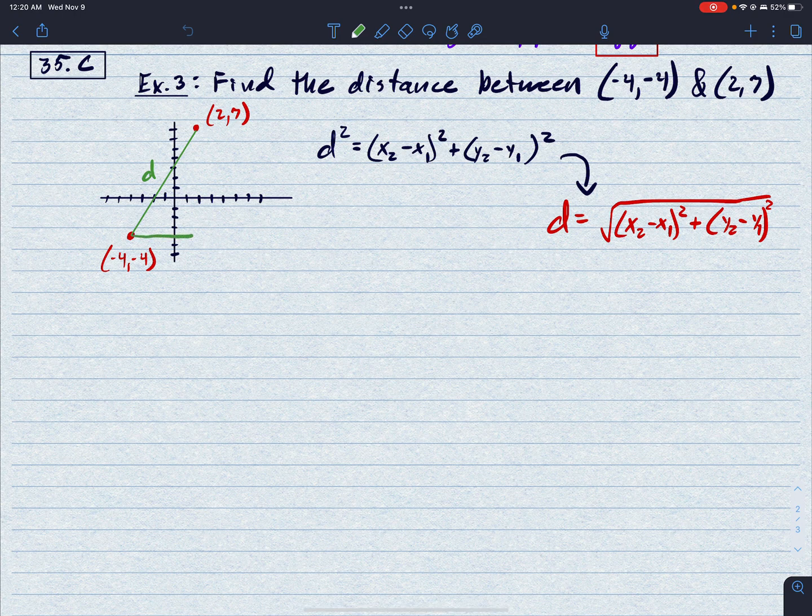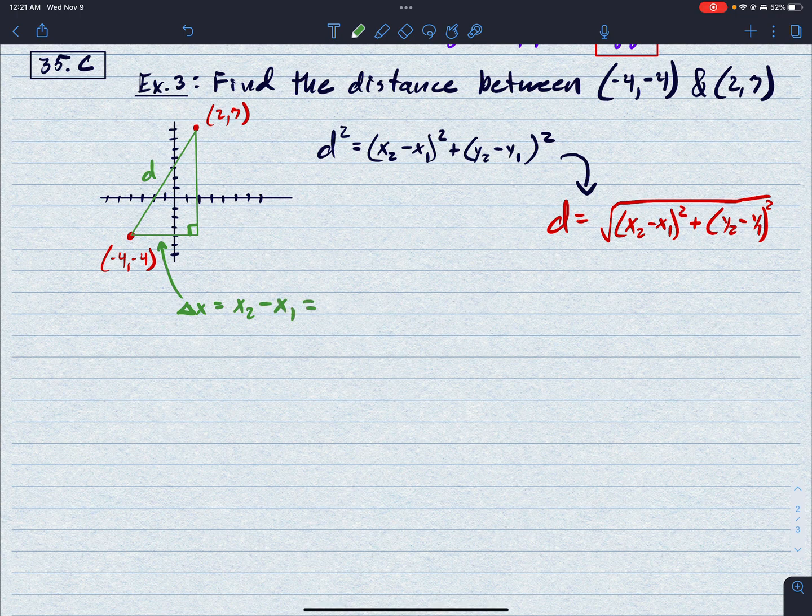If I were to take this set of points and connect them together into a triangle, I would get a right triangle where the base is the difference between the 2 x-coordinates, the change in x, which is x2 minus x1.